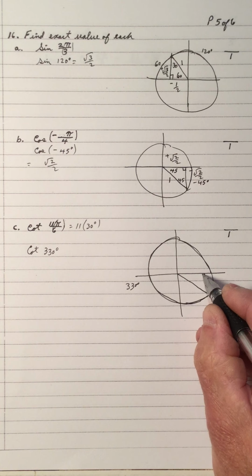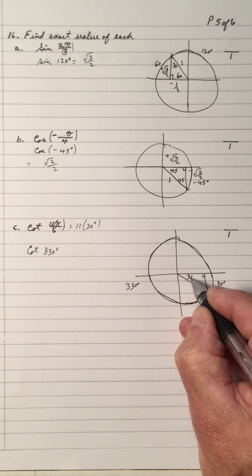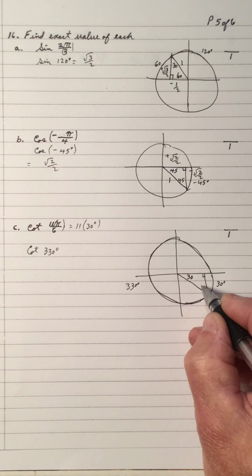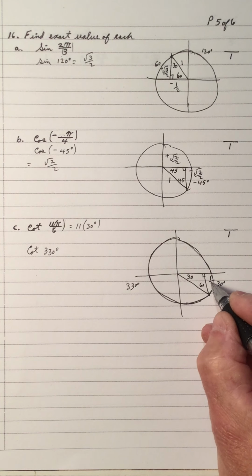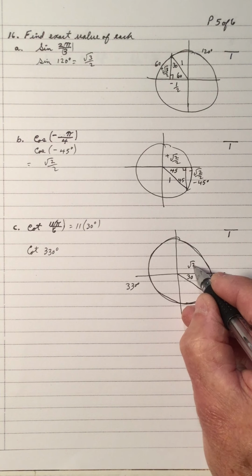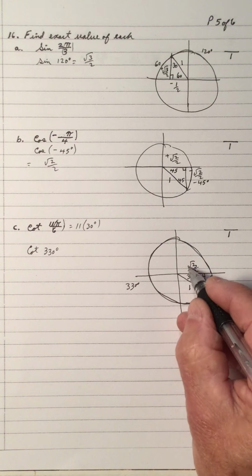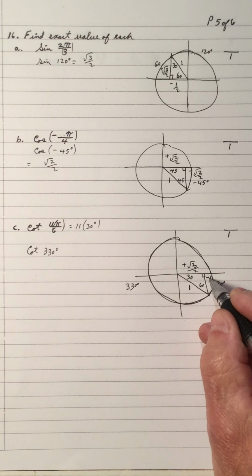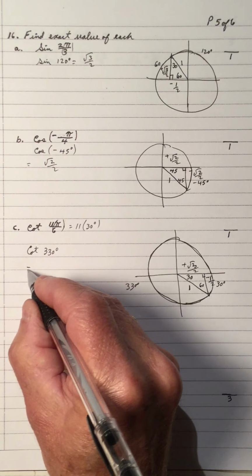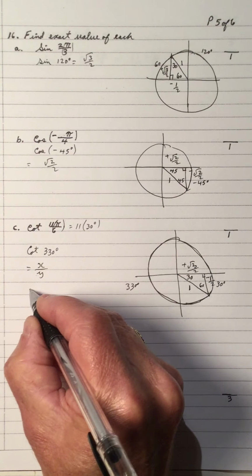Perpendicular goes to the x-axis. So that's 330. Then this is 30 from here to here. That means the central angle and the reference angle is 30. This is 30, 90, and this angle must be 60. Opposite 30 is a half. Opposite 60 is root 3 over 2. Hypotenuse is 1. The x is positive, and the y is negative. And cot is, tan is the y over the x, cot is the x over the y.